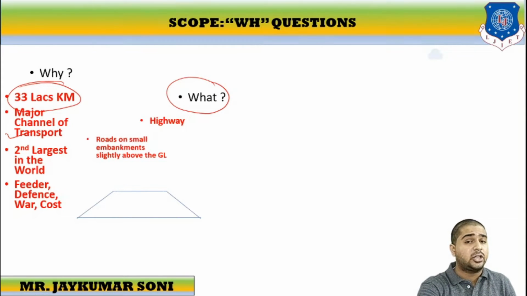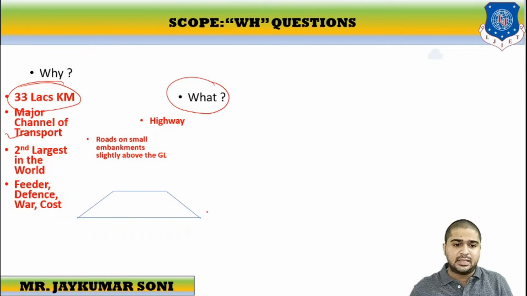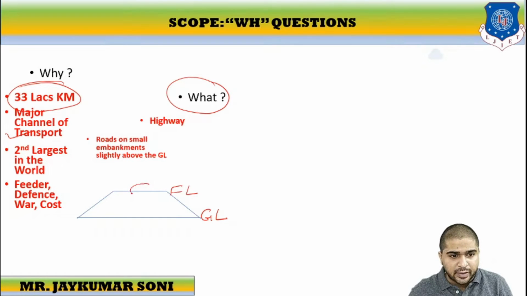I would like to explain this with the help of this sketch. Let us take this as the ground level and this as the floor level. What is this floor level actually? This is the surface on which we, as motor vehicle drivers or pedestrians, travel.